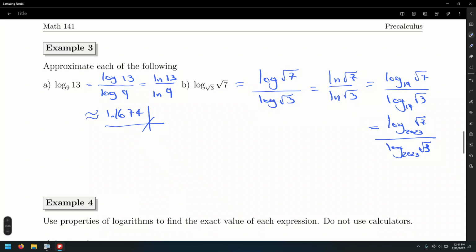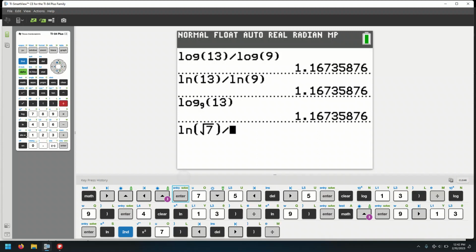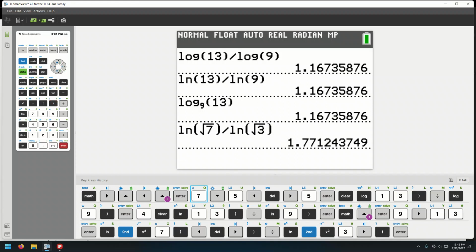So I'm going to do the ln. So ln of the square root of 7, and make sure to get out of the radical, close parentheses, divide by ln of the square root of 3, get out of the radical, close parentheses, and enter.